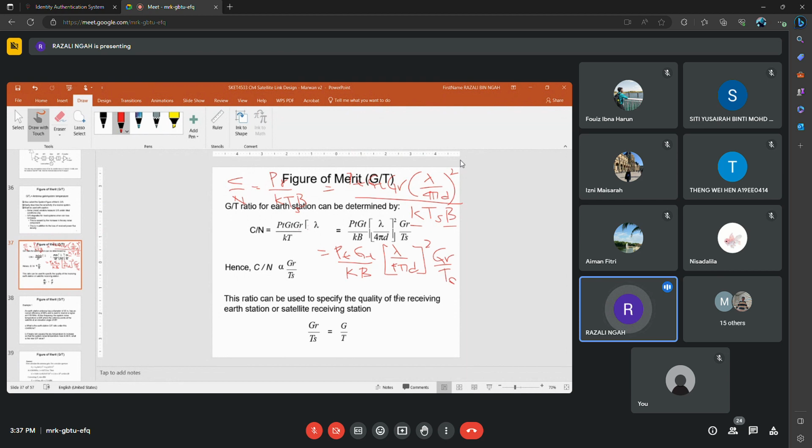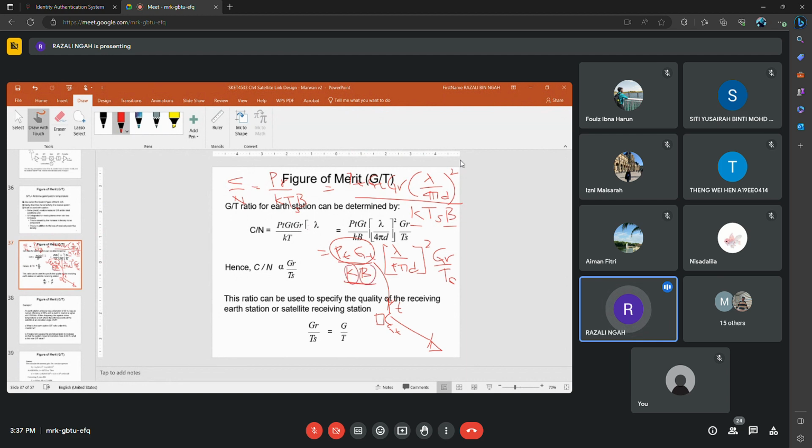normally when we refer to downlink, PT and GT refer to the ones on the satellite. So PT and GT are on the satellite. K and B: K is a constant.